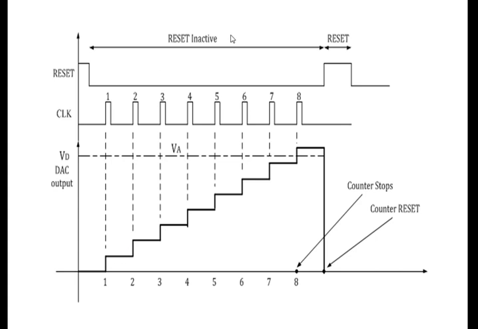So whenever the reset is inactive and we are applying the clock pulses to the AND gate, the output of the DAC is like this. After some time, if you apply the reset, the DAC output goes to 0, because the counter stops working and the DAC output will become 0.